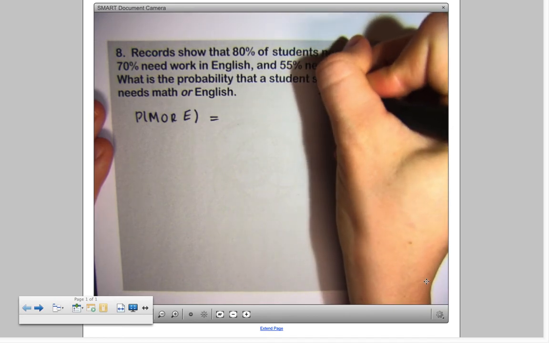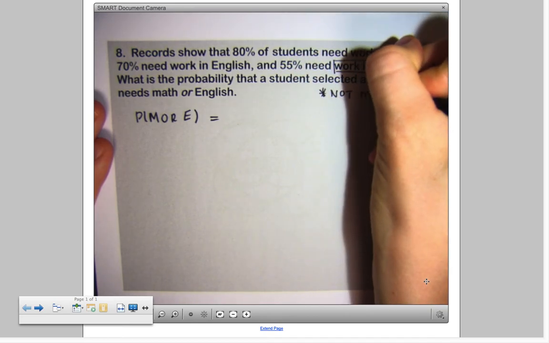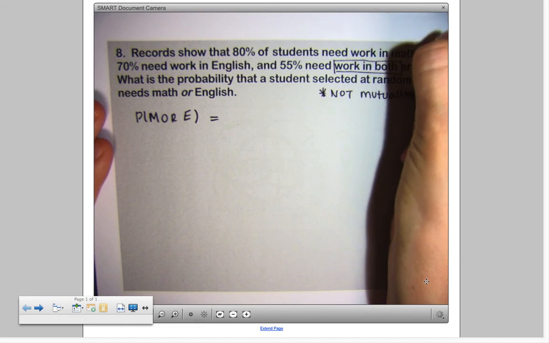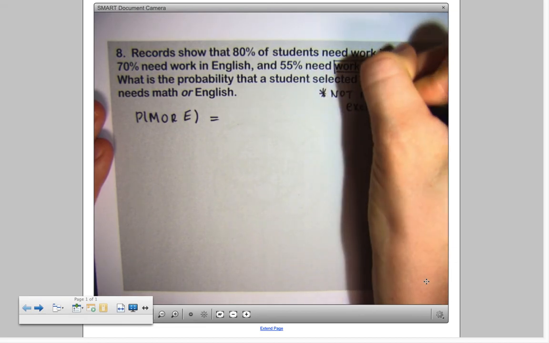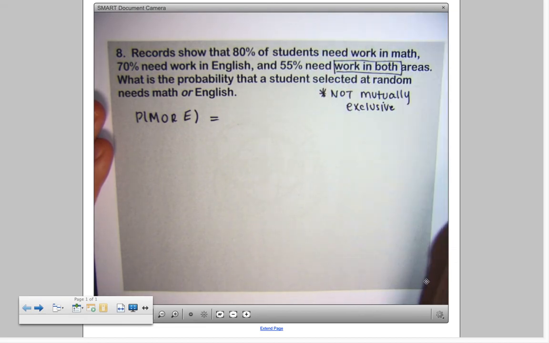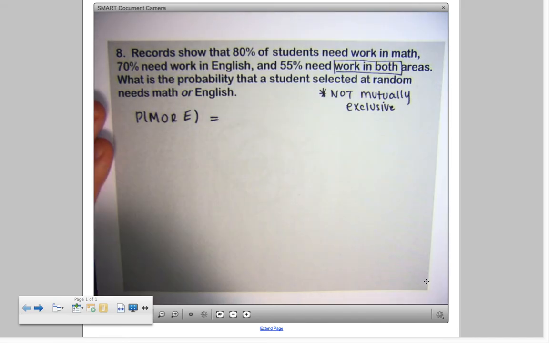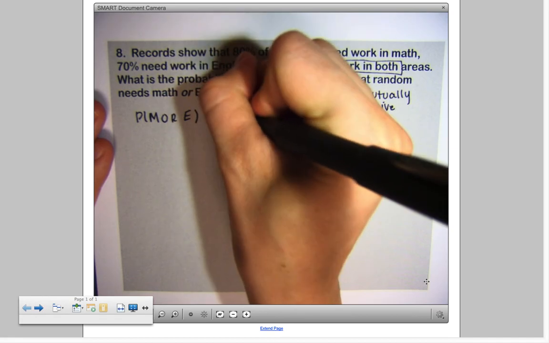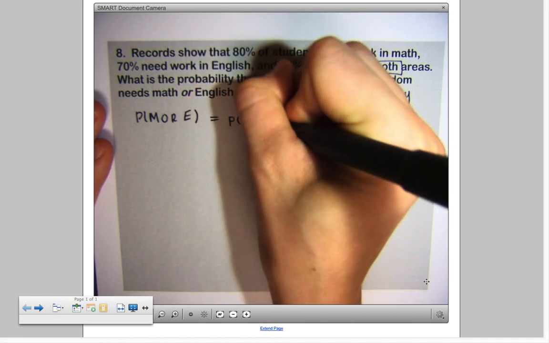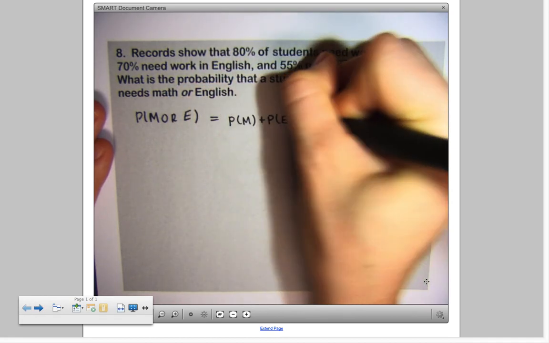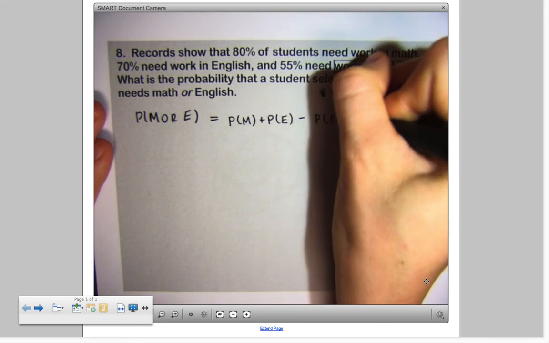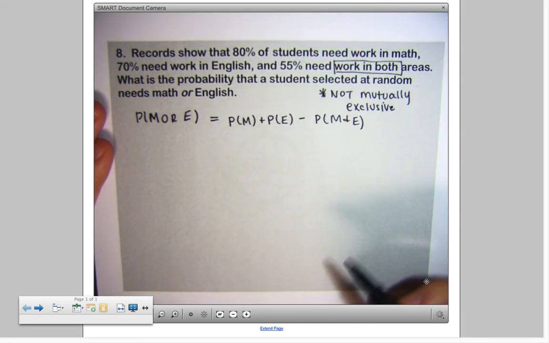So this tells us that it's not mutually exclusive. So since it's not mutually exclusive, we're going to use the probability of M plus probability of E minus probability of M and E. So we have to subtract the overlap.